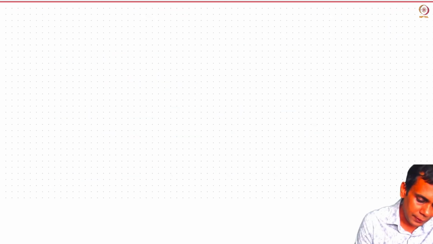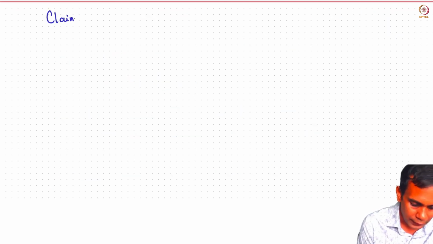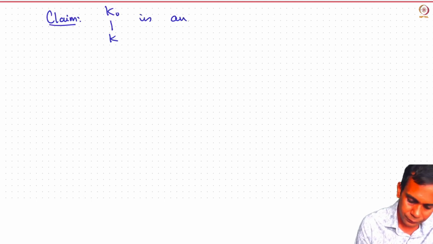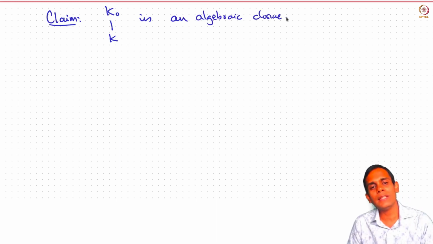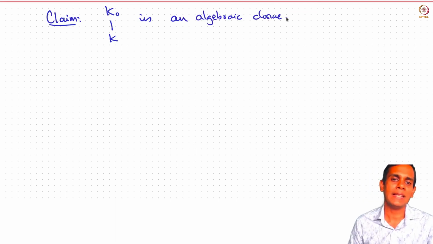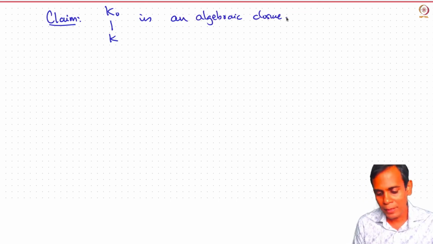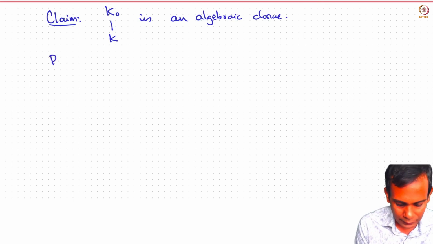I claim that K0 over F is an algebraic closure. Since K0 over F is in P, we know that K0 is algebraic over F. So all I need to show is K0 is algebraically closed.